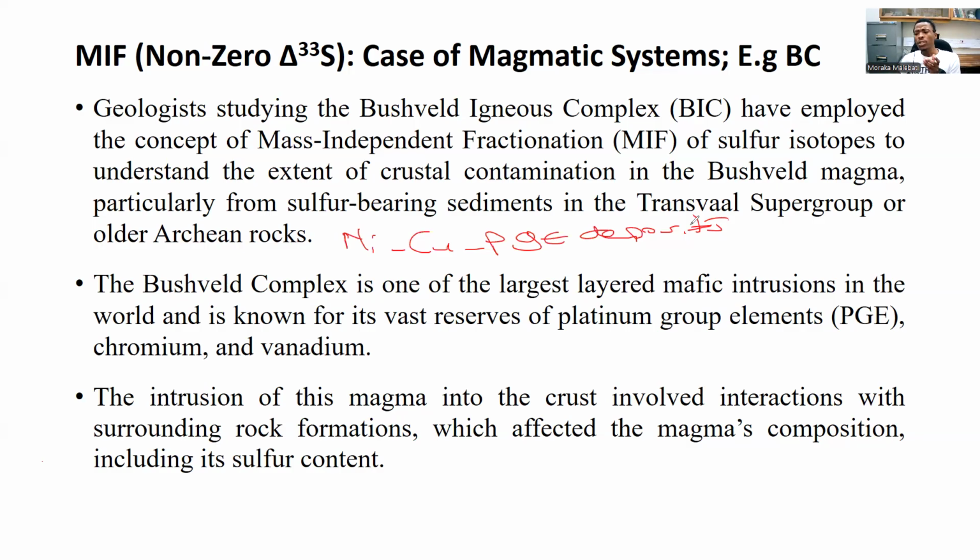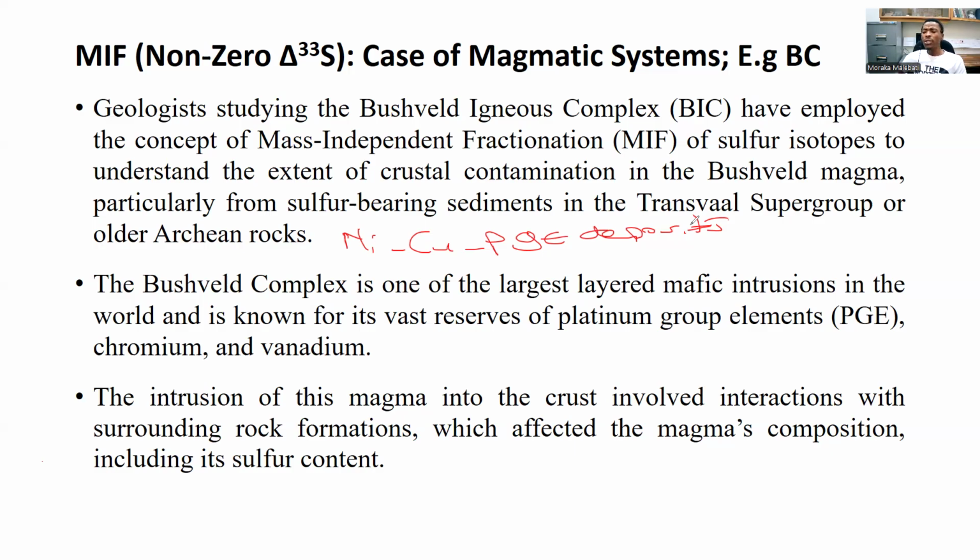Now the MIF signatures would stand out as a definitive and sensitive indicator for detecting crustal sulfur contributions.